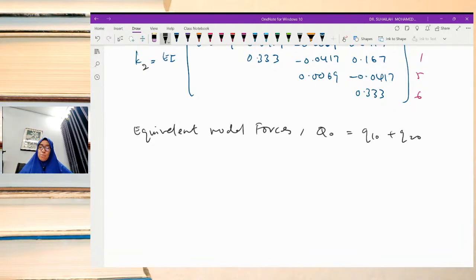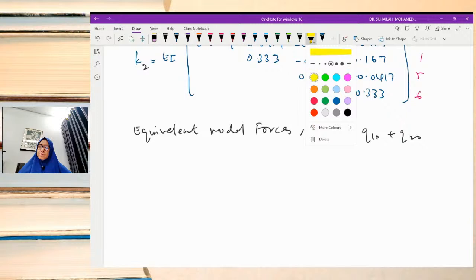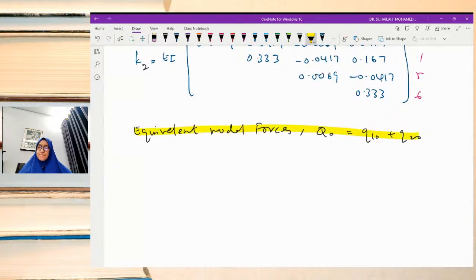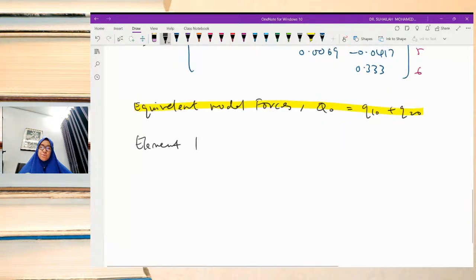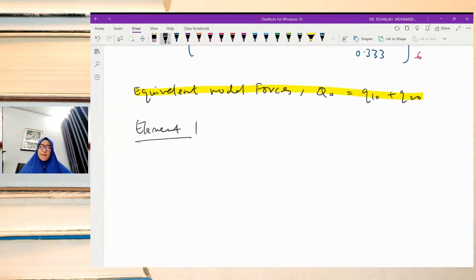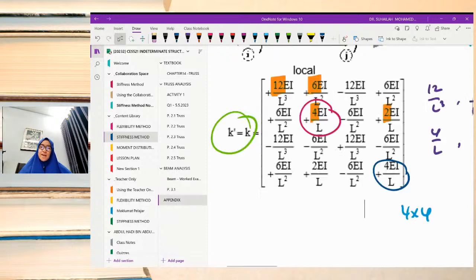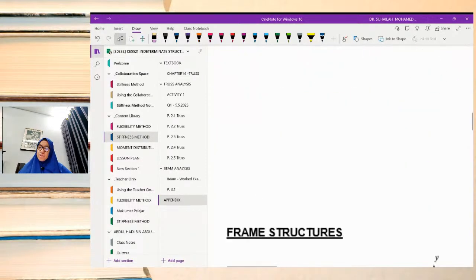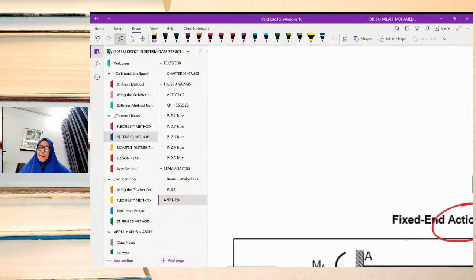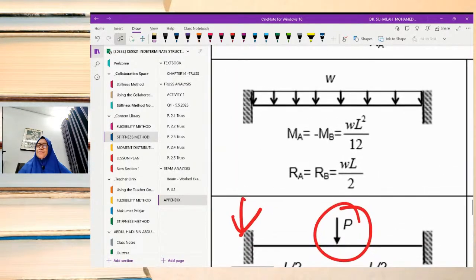For element 1, to analyze this, we have to refer to fixed end reaction. So we have to refer to appendix page 3, the formula.